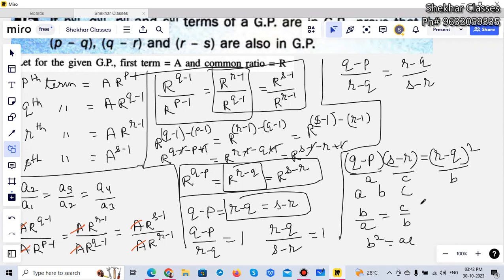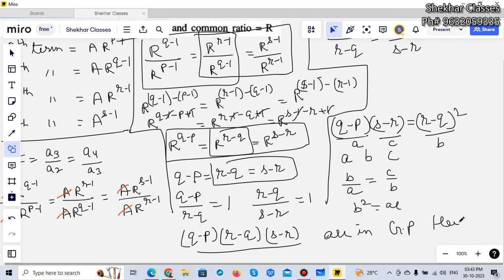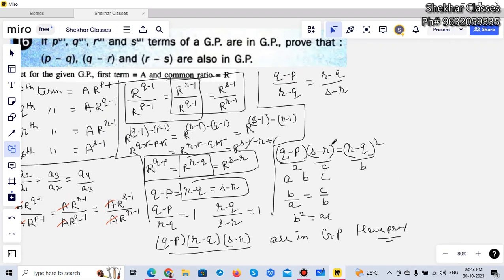So yes, this is how we can say finally that q minus p, r minus q and s minus r, these three terms are in GP, geometric progression, and it is hence proved. Okay, so this is how we have to do it.